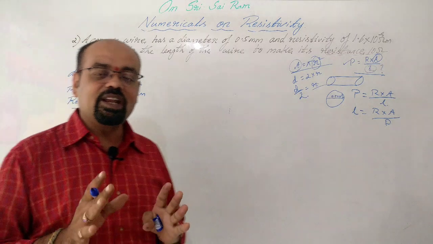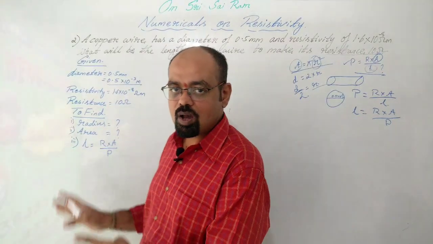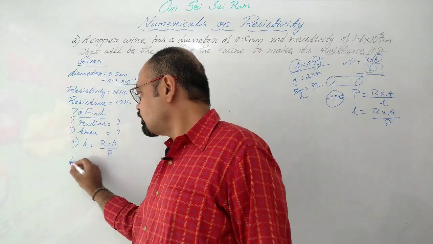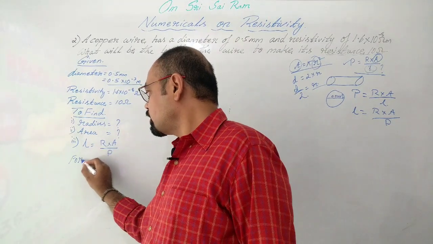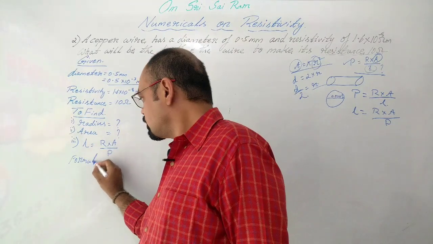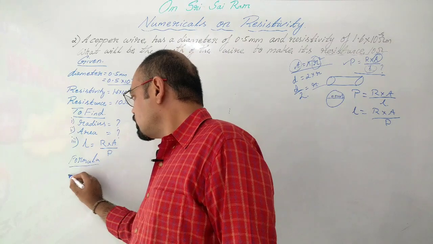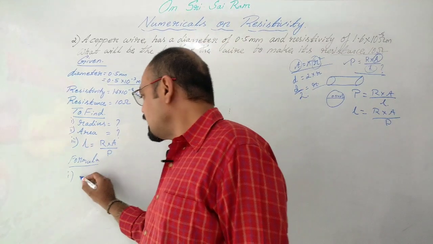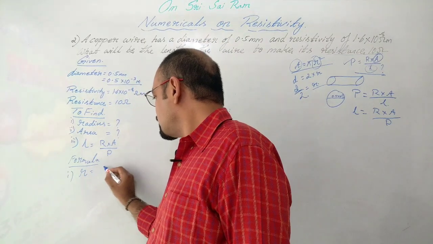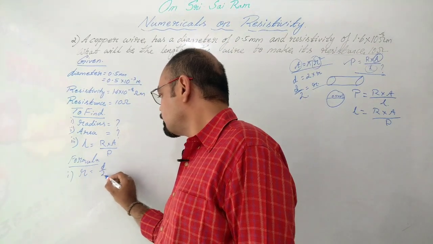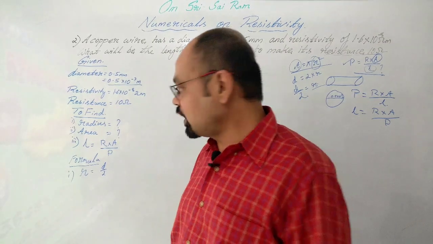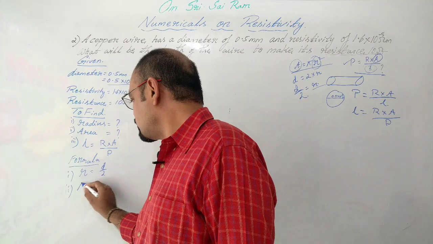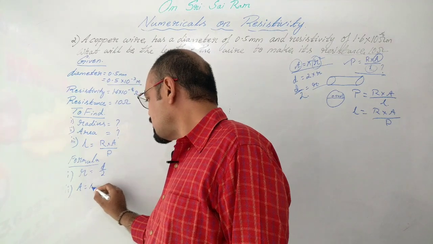Now we need to write the formulas related to this. So let's write here the formula. The first formula is for calculating radius. Radius is equal to diameter by 2. Second, for area we are using pi r square.